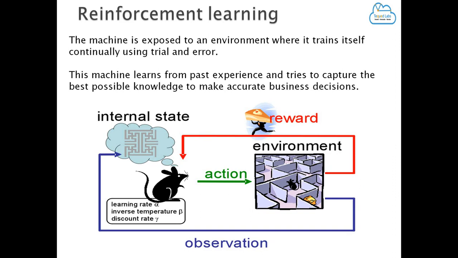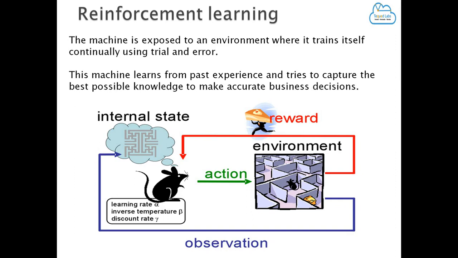So what we are trying to do here is a simple explanation where a machine will learn from each and every new iteration or a new step. Whenever a machine is exposed to an environment, each and every decision or step the machine takes, it goes through a set of trials and errors.